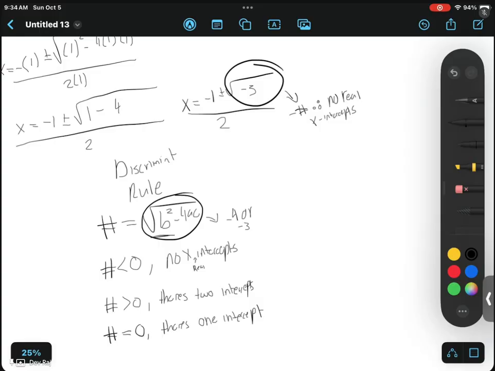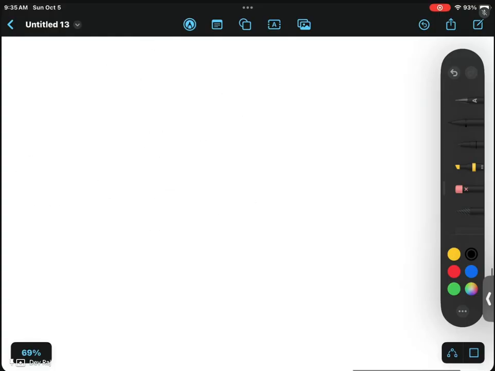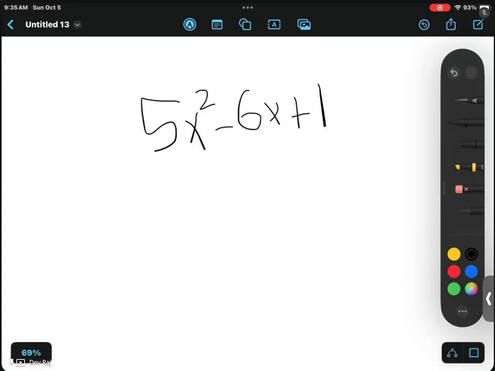So, you guys fully understand the discriminant rule, right? Is it all clear? Okay. So, I'll give you one other problem. 5x squared minus 6x plus 1. And I'll solve this one because I want you guys to see what would happen when we actually have to solve it, right? In your steps, always start off with the discriminant.